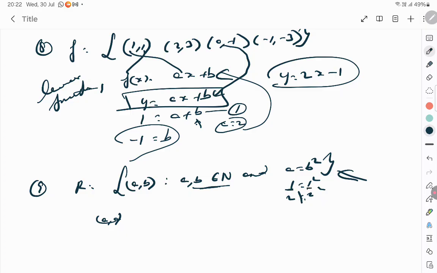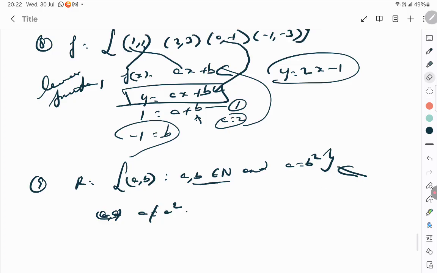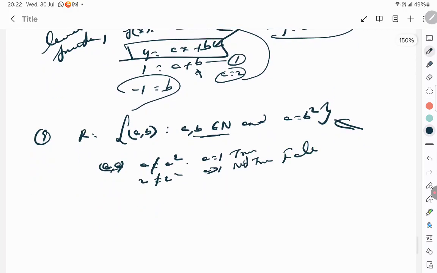If you're going to assume these two numbers are the same, it's because they've given a is not equal to a square for every a. For example, when a is equal to 1, this will apply. True only for a is equal to 1. A is greater than 1, it's not true. 2 is not equal to 2 square. Therefore, it's false. In the place of b, we are not able to put a.